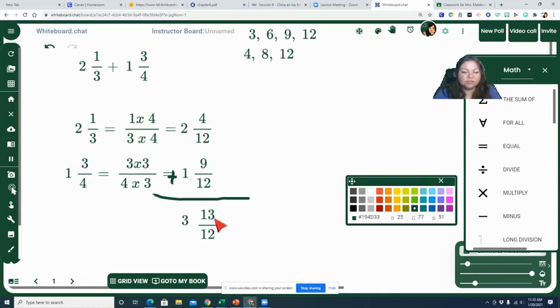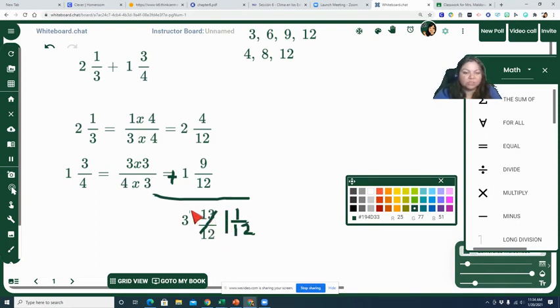So what I do is 13 over 12 is the same thing as 1 and 1/12. Why? Because if I take away 12 from 13, that makes a whole. That's why I put a 1. That's a whole, and I have 1/12 left.